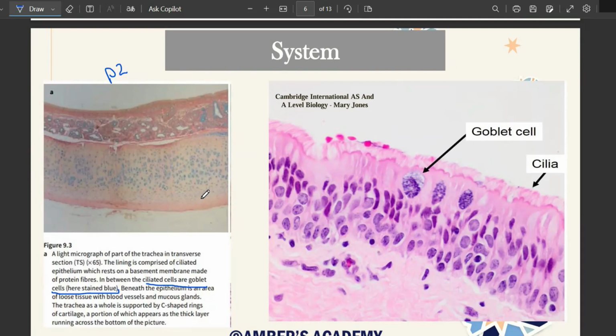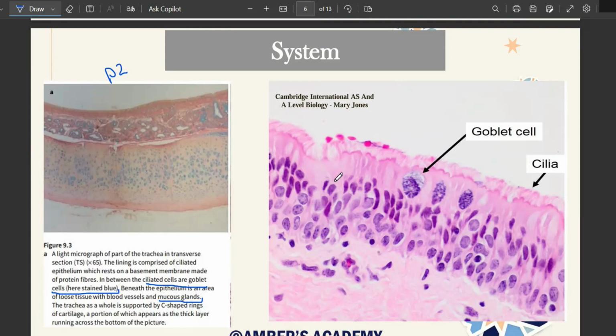Do not worry about the function of goblet cells. I'll explain it, but first understand the labeling of it. The blue labelings are your goblet cells, and beneath the epithelium is an area of loose tissue with blood vessels and mucus glands.